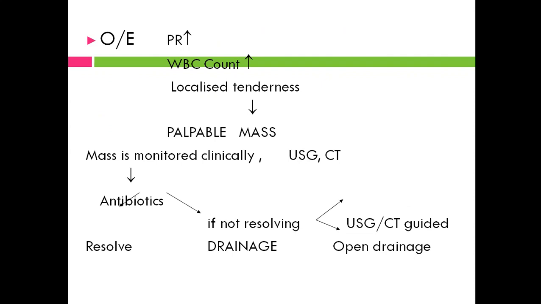So you start the patient on antibiotics. If the collection is small, you assess whether the collection is getting resolved. If it is not getting resolved, the treatment is drainage, either an image-guided drainage or a laparoscopic drainage or even an open drainage.